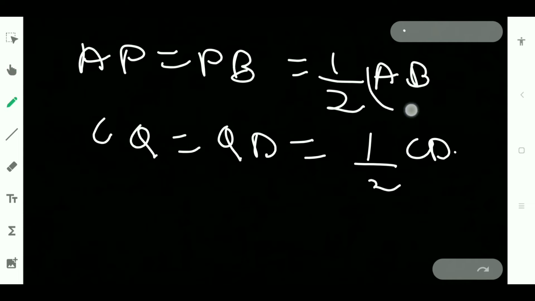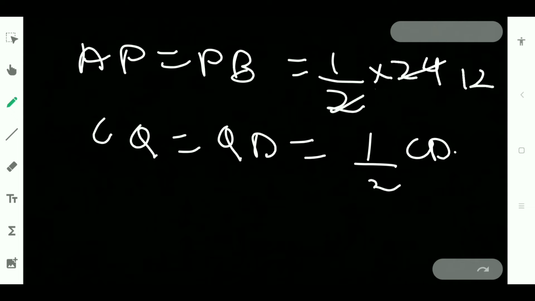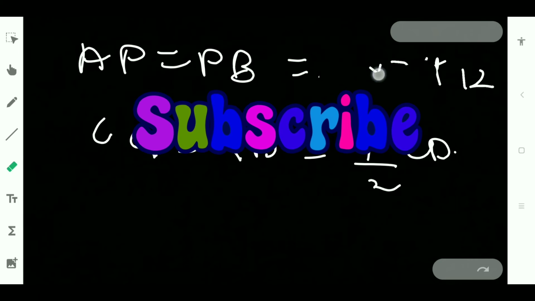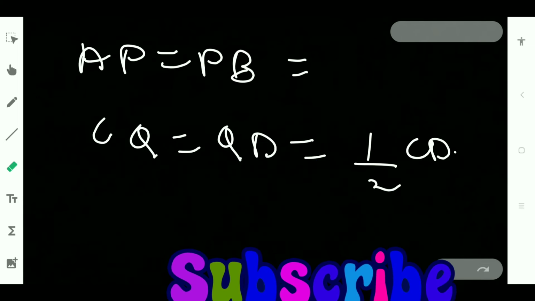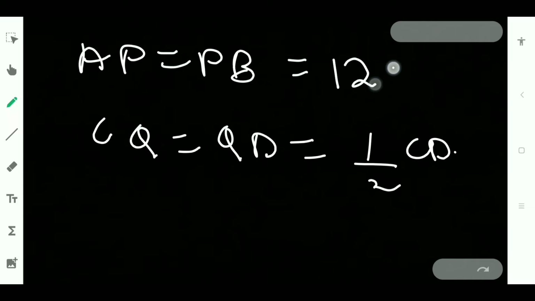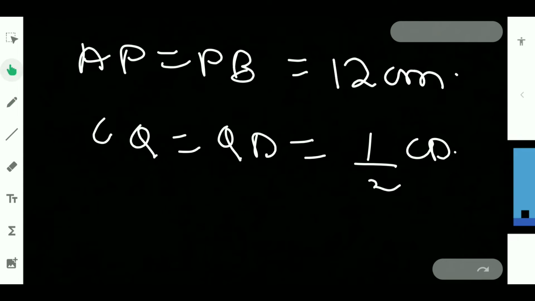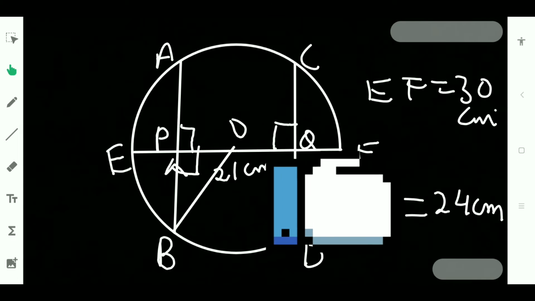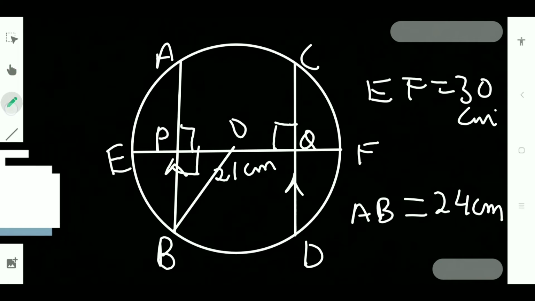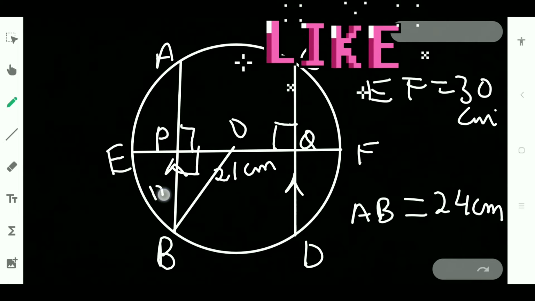So half into 24 is nothing but 12 centimeter. So let us write AP is equal to PB is equal to 12 centimeter. PB value we got now, that is 12.